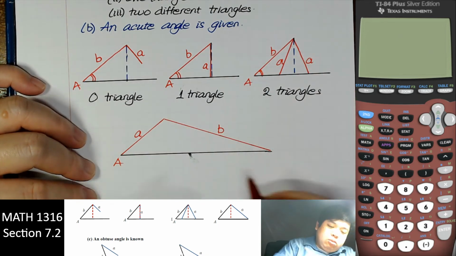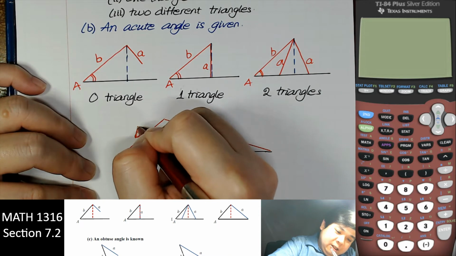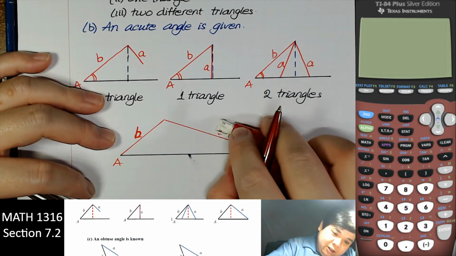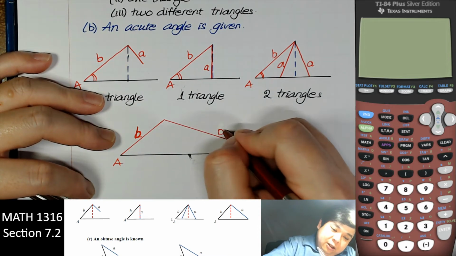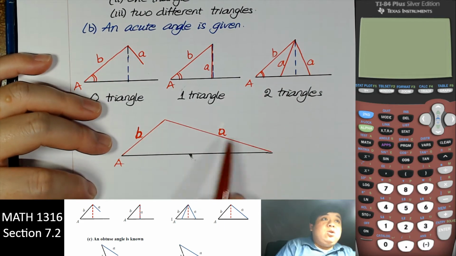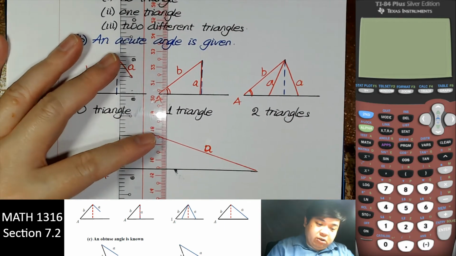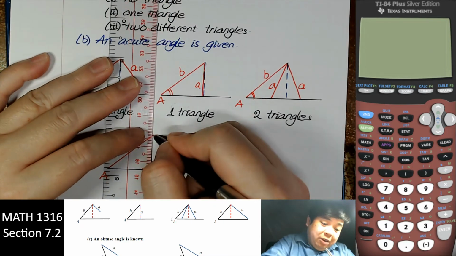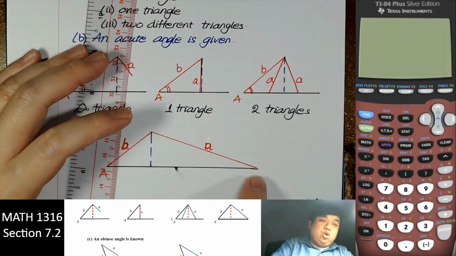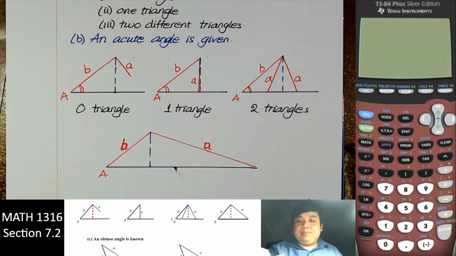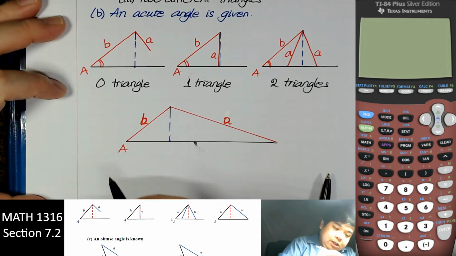Sorry, this should be B and that should be A. It depends on the size of A. We may or may not have a triangle, or even have two. If this is too long, we only have one solution.